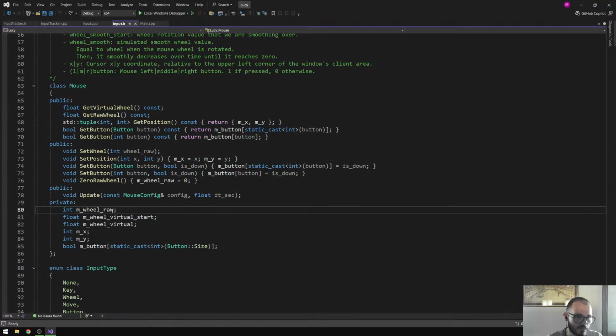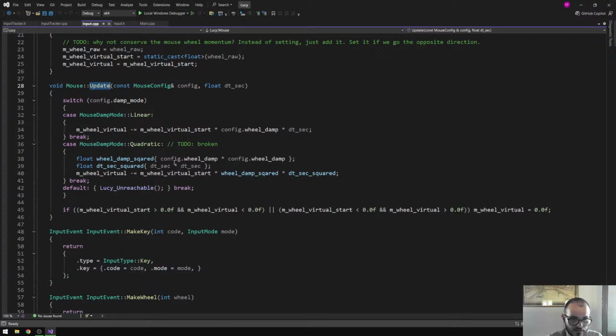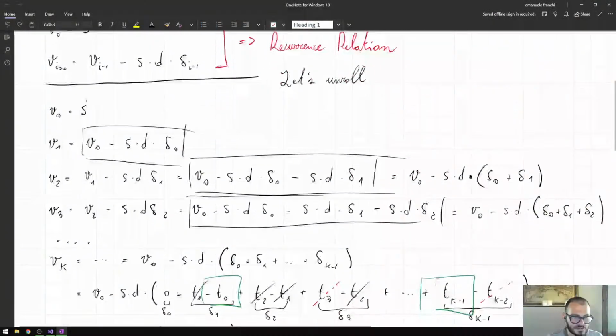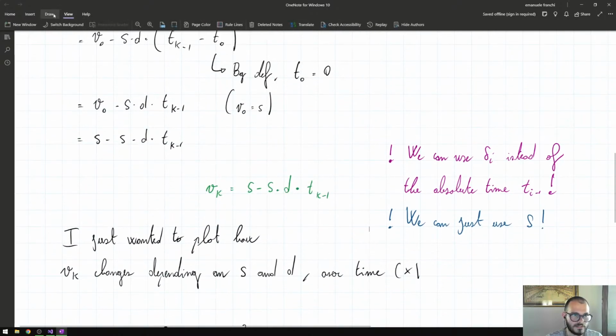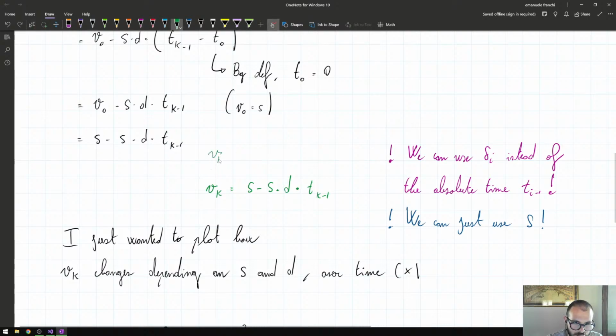Well, the problem, truth to be told, is the fact that these actually translated to a function like this, in more general terms, s minus s times the d times t k minus 1 minus t0.